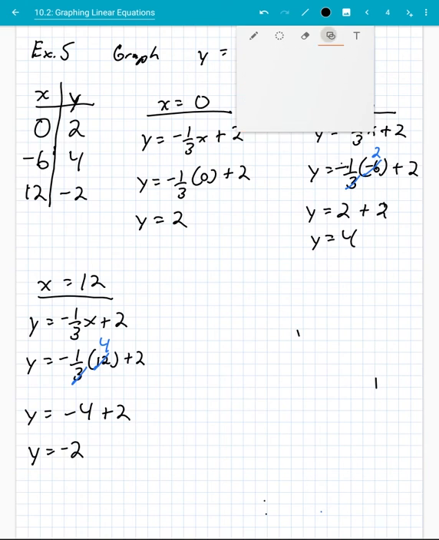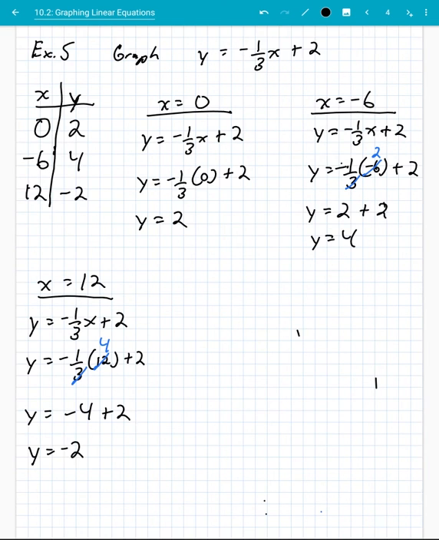Go ahead and graph it. And let's see, draw this right here. Gonna draw another line right here. And gonna erase my little hand marks. All right, so 0, 2, I'll use blue.